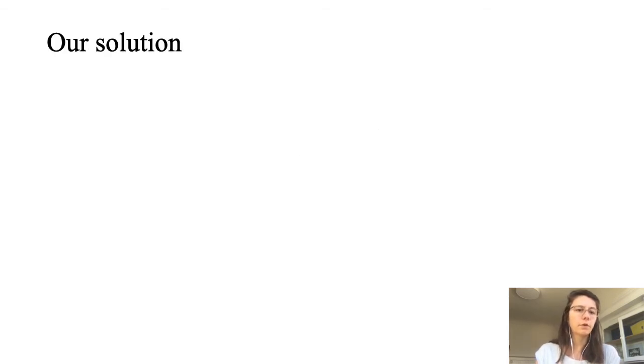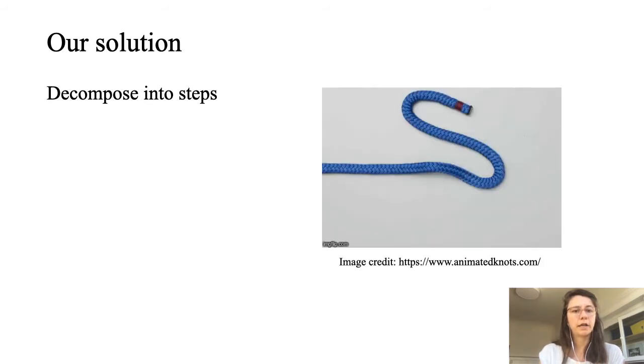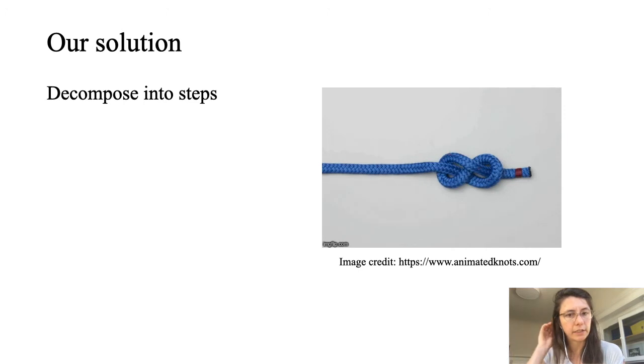So we propose a method that takes advantage of knot theory, sampling-based motion planning, as well as learning-based methods. Knot theory helps us decompose knotting tasks into steps, as I will explain later. Each step is a topological action.